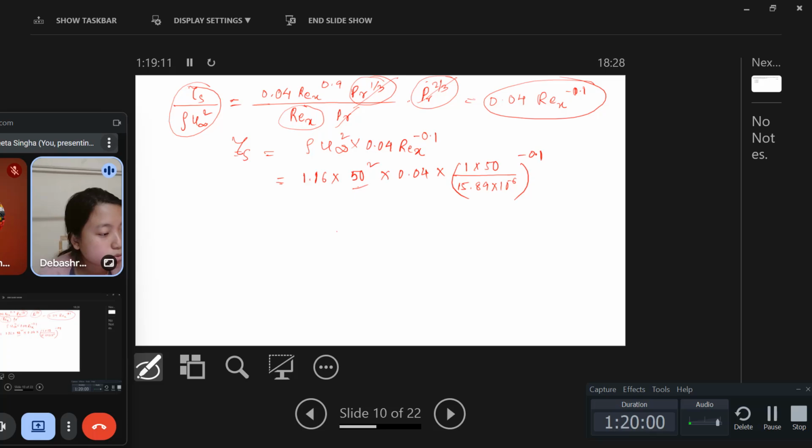Here also 50 is there, here also 50 is there, then don't mix both, because this 50 has a power of minus 0.1. So if I calculate this, it is coming around 1.16 into 50 divided by 15.89.